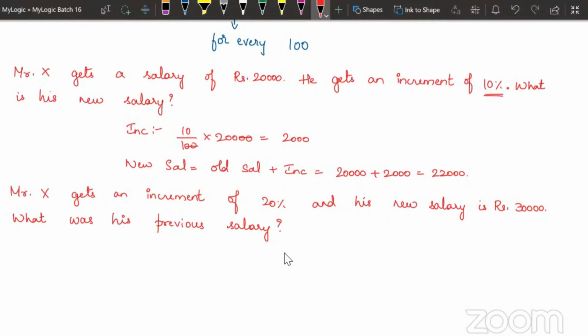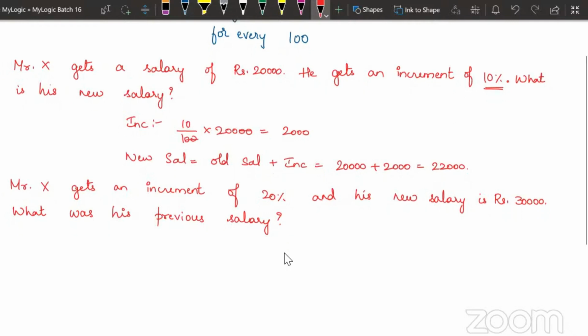Okay, any other answers? 29,400, no way. If that is the previous salary, then only 600 will be the increment, right? 600 is not 20%. 26,000, no. None of them have given the correct answer.